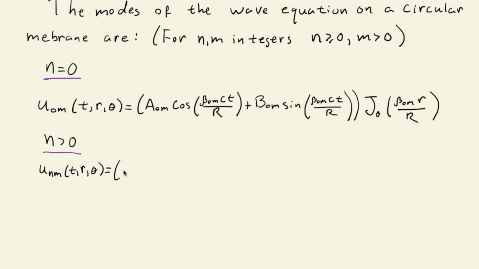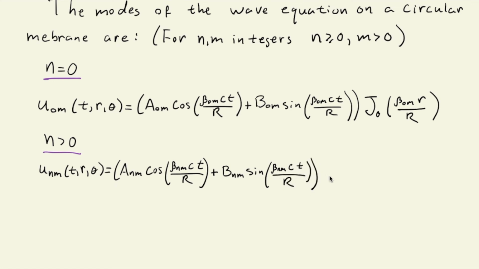The G is the same. a n m cosine beta n m c t over r plus b n m sine beta n m c t over r times the P function, which is J n of beta n m r over capital R. Okay, so there's one with cosine.